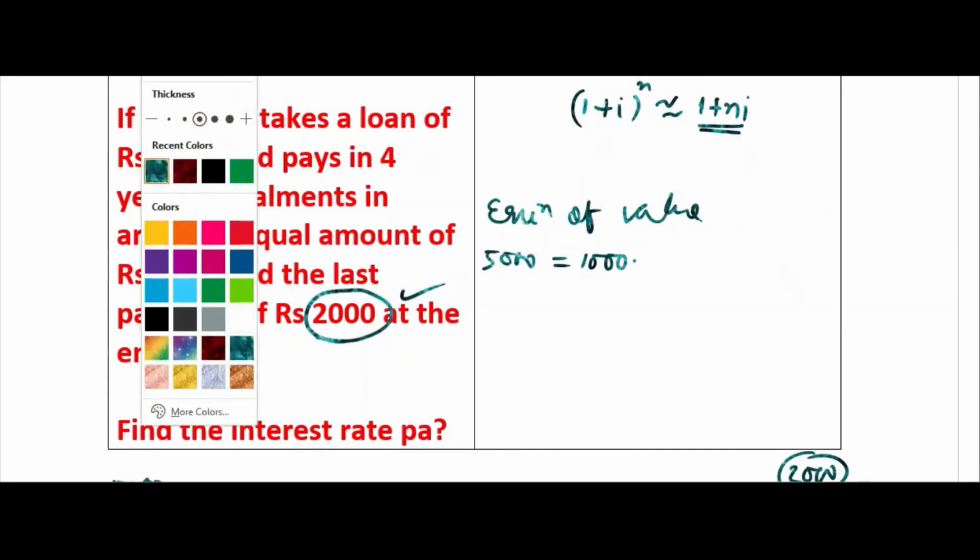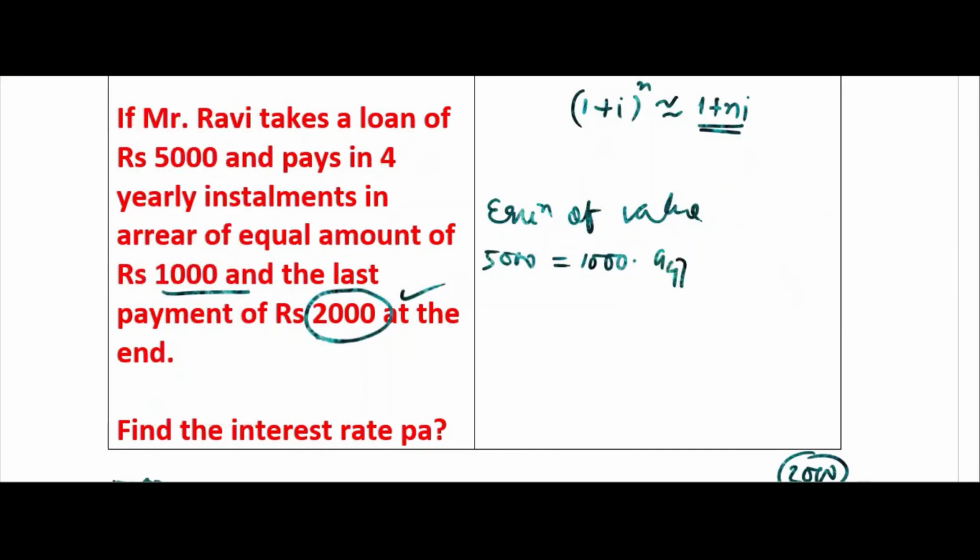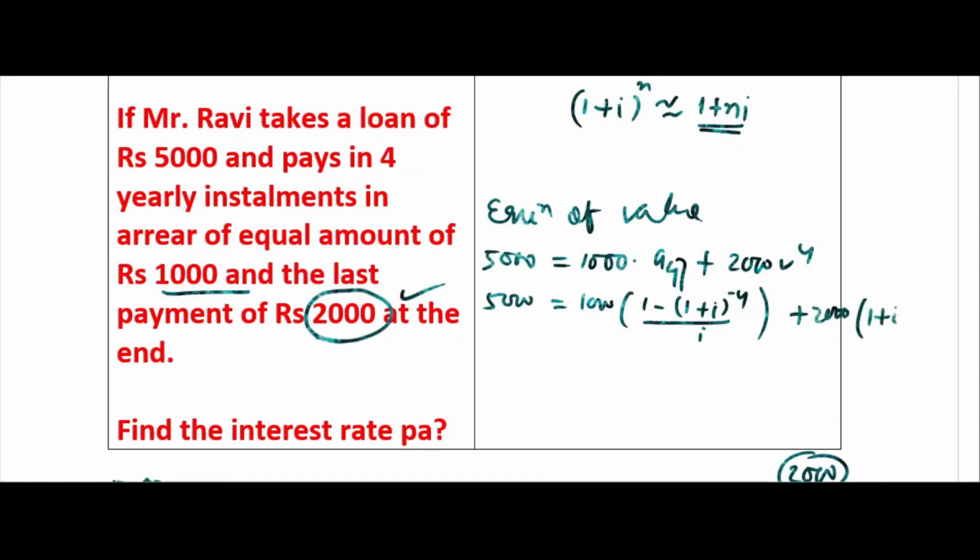This is 1000 A4 and the final one is 2000 V4. So here let me write 5000 equals 1000 A4, 1 minus V4 divided by i, and 2000 times 1 plus i power minus 4, okay. This is the binomial approximation.